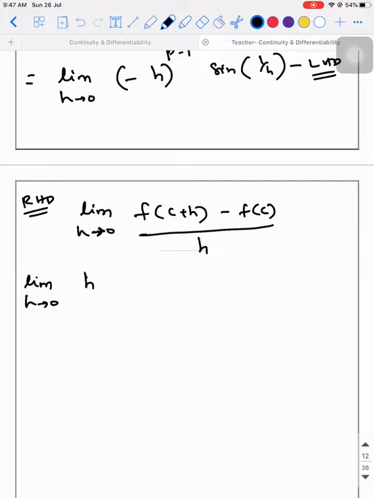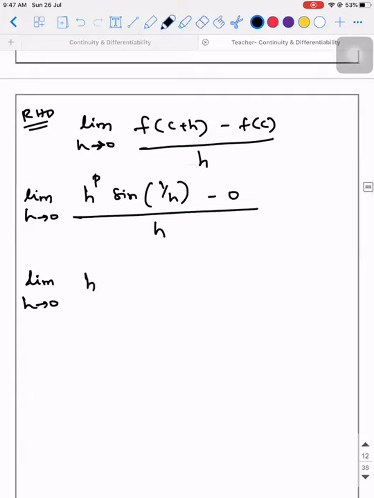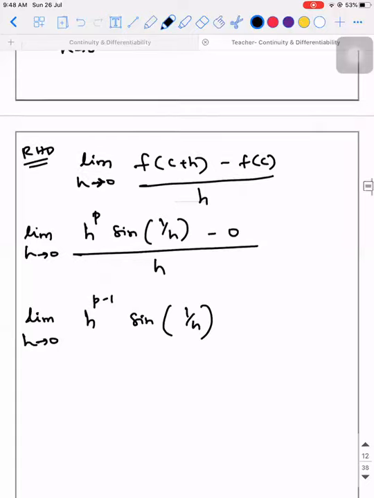So it will be h power p into sine of 1 by h minus f of 0. f of 0 is 0, the whole divided by h. That gives h power p minus 1 into sine of 1 by h.